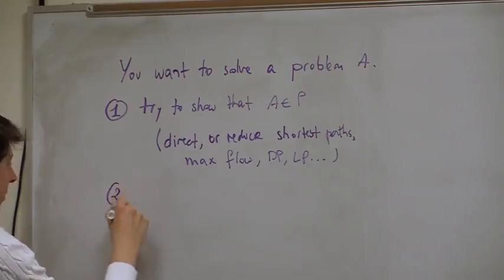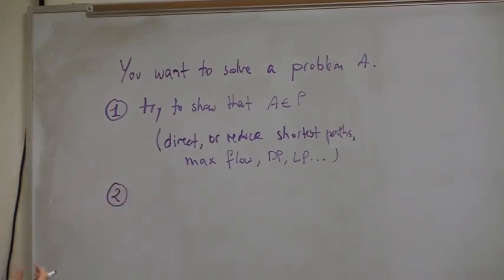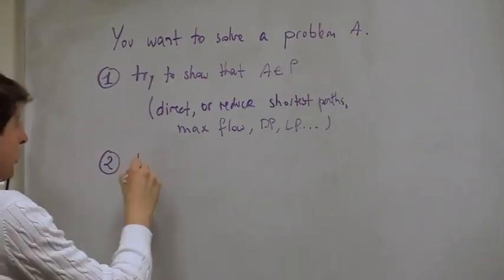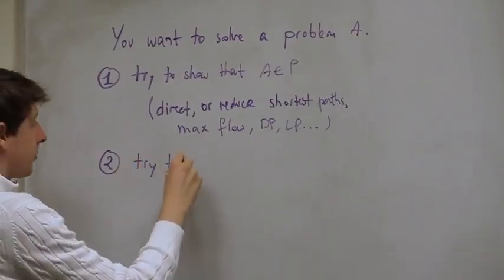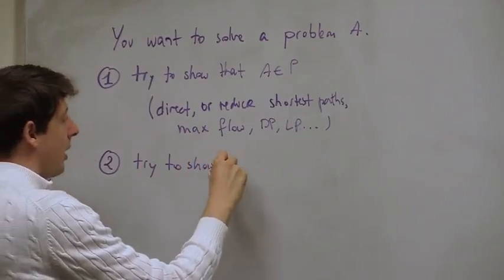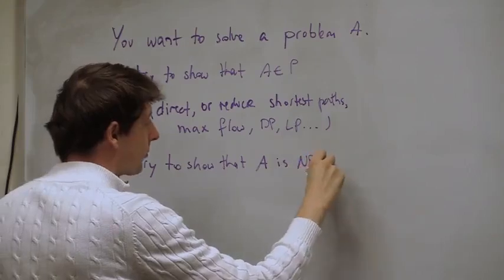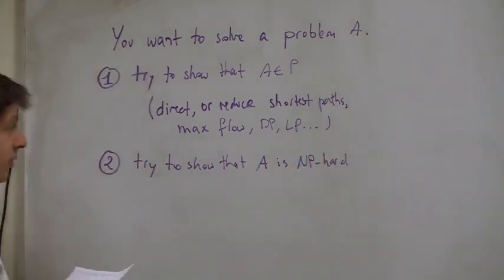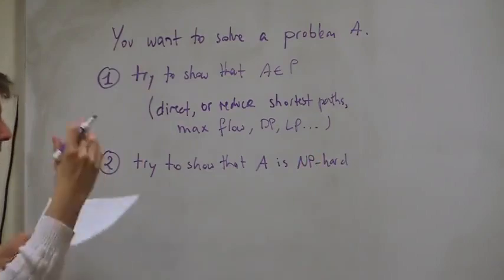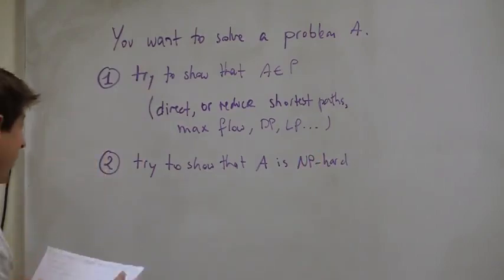If you fail, rather than keep trying until you find an algorithm, maybe there isn't such an algorithm, so it may be wise to try to show that A is NP hard. For example, NP complete, but maybe it's even outside of NP if it's a very hard problem.